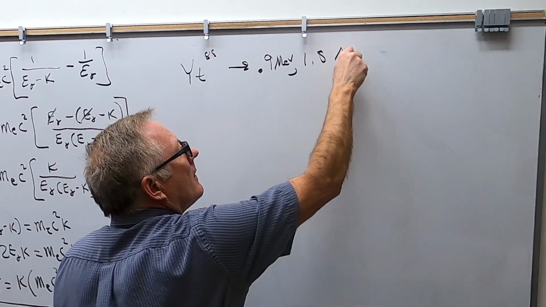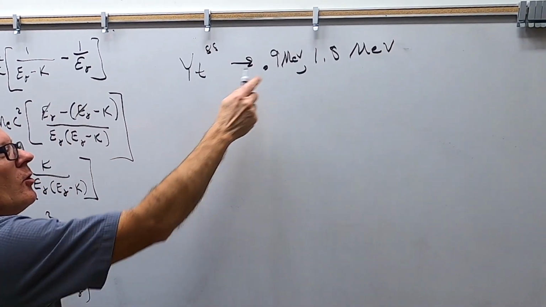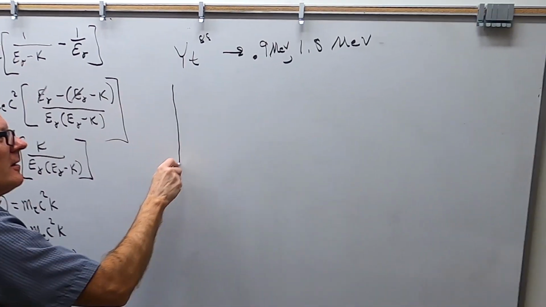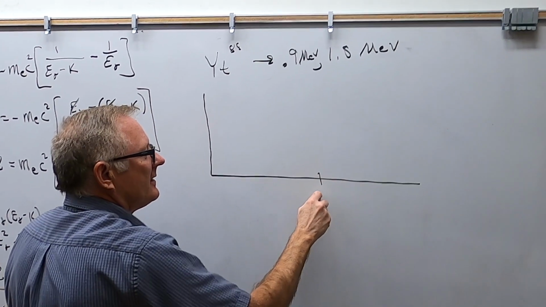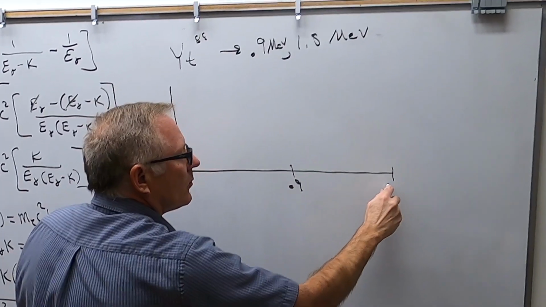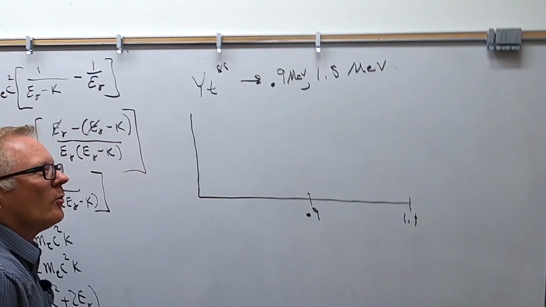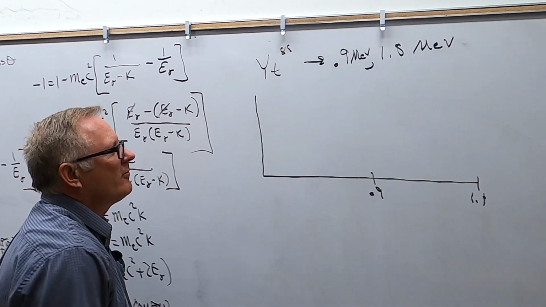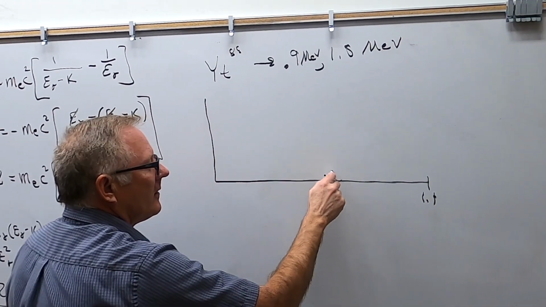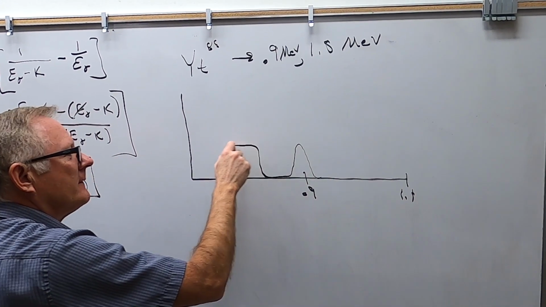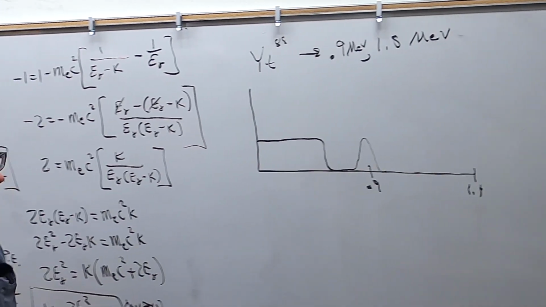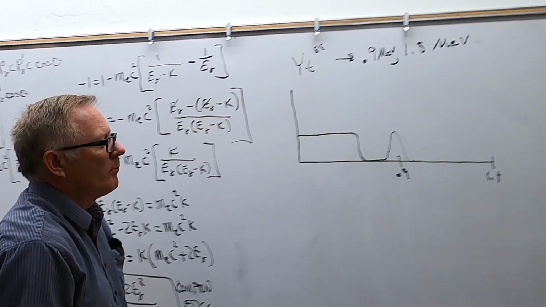Well, what would just the 0.9 look like right here? If that is, let's just say there's 0.9, there's 1.8. Well, you're going to get a little bit of photoelectric, and then you're going to get the Compton. Remember, there's the Compton events right there. What about the 1.8?